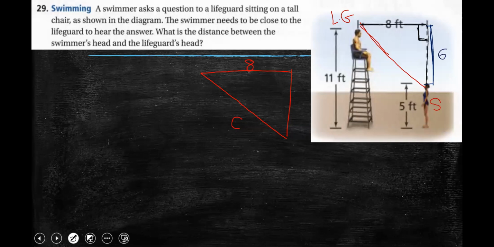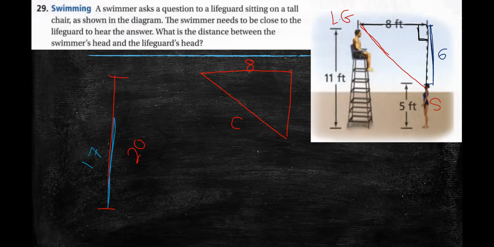I'll repeat it here. If you have this segment, and I tell you that the length of this red segment is 20, and the length of the blue one is 17, what will be the length of the green one?